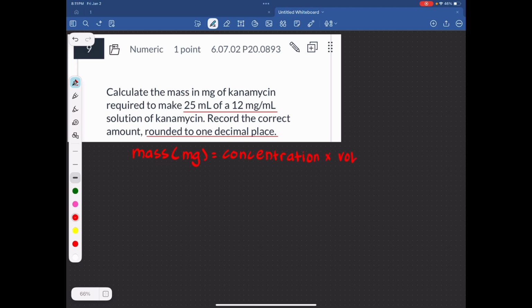We know our concentration is going to be 12 milligrams per milliliter. Our volume is going to be 25 milliliters. And we are looking for mass.